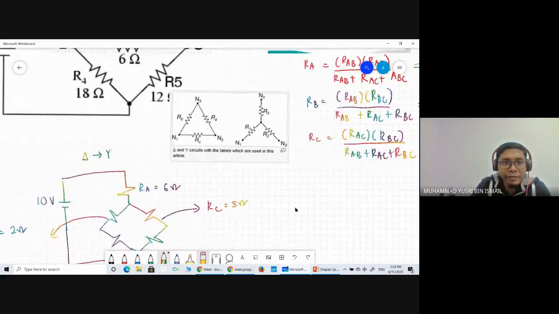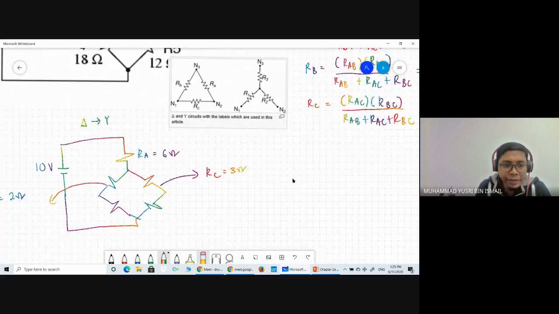Then we have R4 and R5: R5 is 12 ohm, and R4 is 18 ohm.